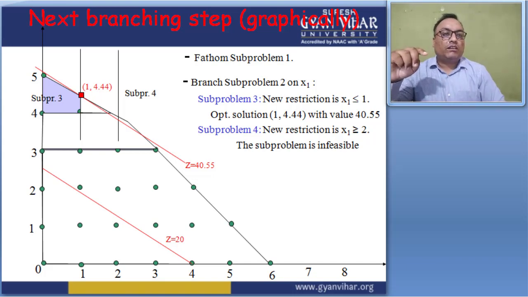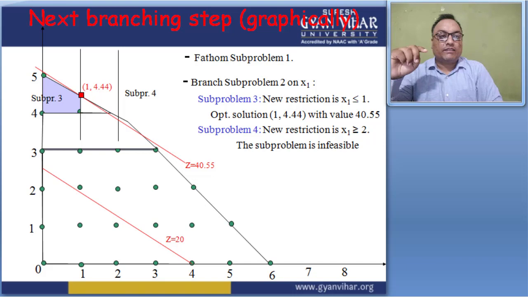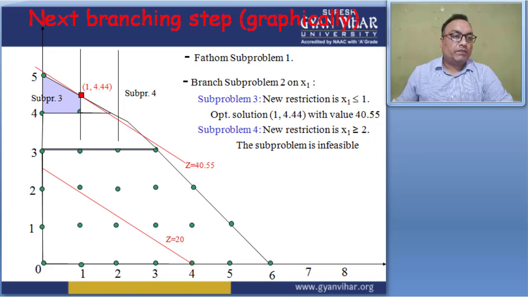The optimal solution is 1, 4.44 with a value of 40.55. Subproblem 4 has the new restriction x1 greater than or equal to 2, and this subproblem is an infeasible region.